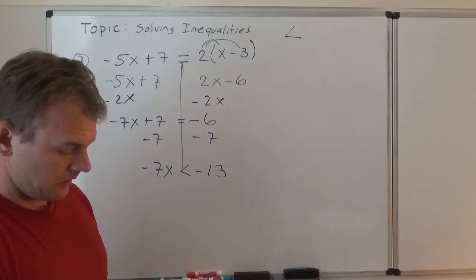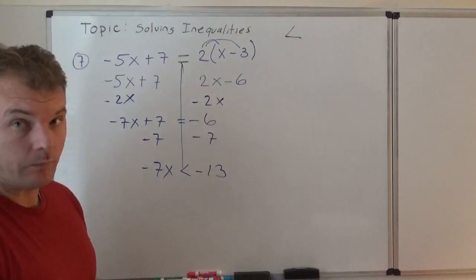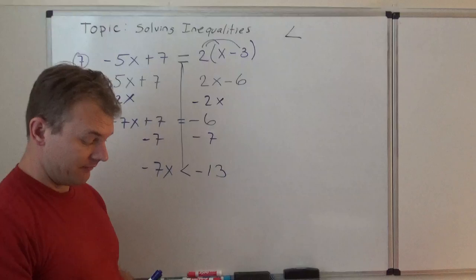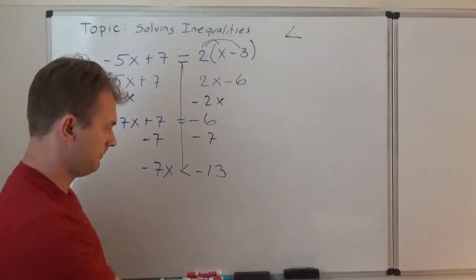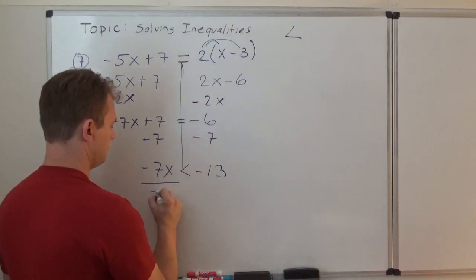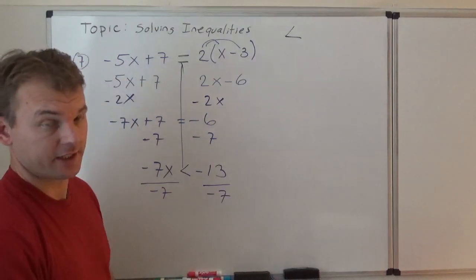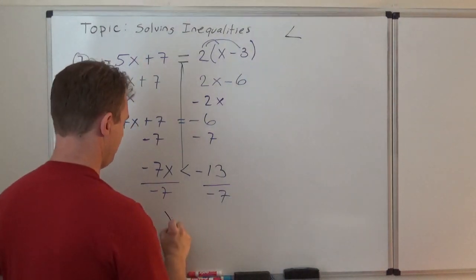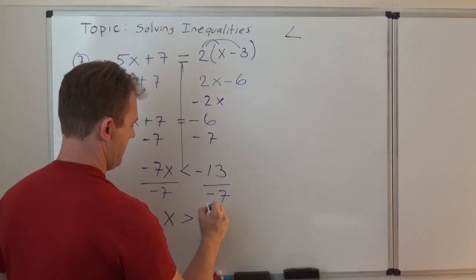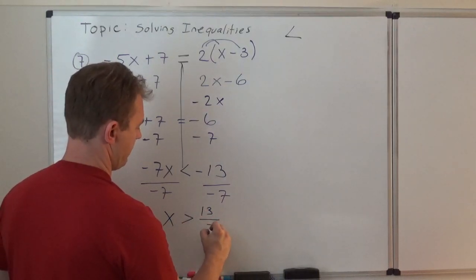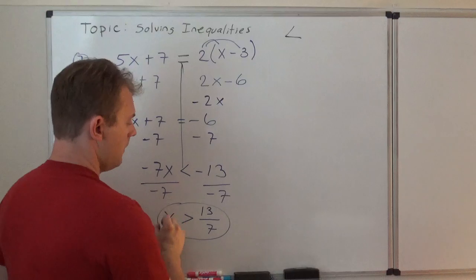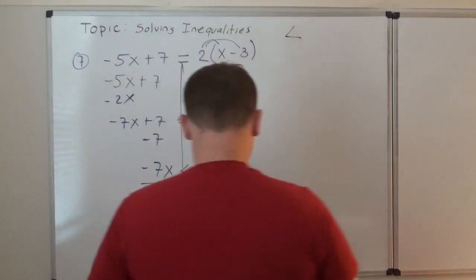Now, what's going to happen when we divide by that negative number? It's going to switch things around. And then 13 over 7.